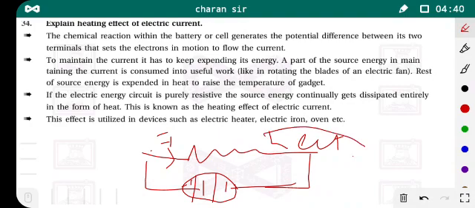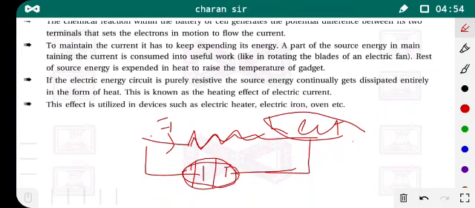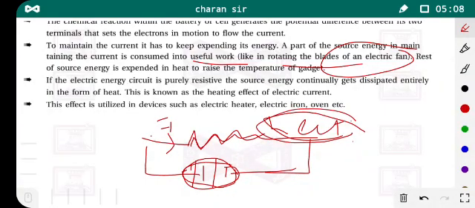Due to this heat, the temperature of the conductor, or whatever resistor we have used in the circuit, increases. So we can see that part of the source energy is used for useful work, such as rotating the blades of an electric fan, and the rest of the energy is transferred or expended in the form of heat.